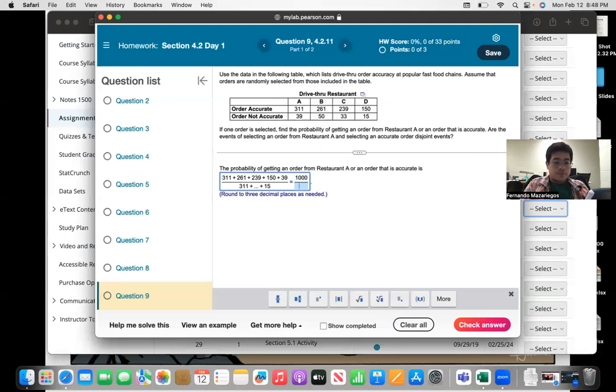And on the denominator, we have that plus 50 plus 33 plus 15, which is 1,098. So if we calculate this quotient, we would get 0.911 rounded to 3 decimal places.